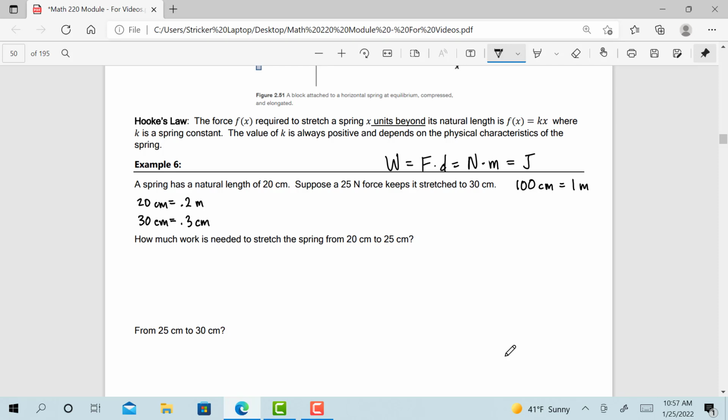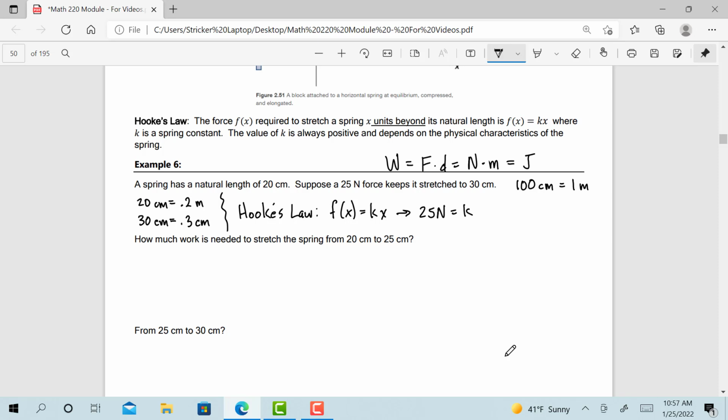Okay, so let's use Hooke's law. Hooke's law says that we have this function for the force: f of x equals k times x. And we have the information that we need to find the spring constant, because it says a 25 Newton force, so f of x is 25. So 25 newtons is equal to k times x.